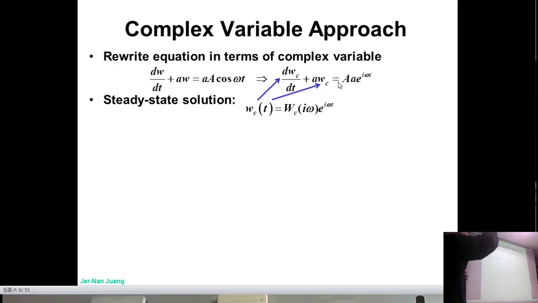I'm going to solve the right-hand side differential equation, which has the exponential e to the i omega t, because that's easier to solve. I can assume my steady-state solution will be w subscript c, where c means the complex approach, of t, equal to capital W c of i omega times e to the i omega t, right? We know that.